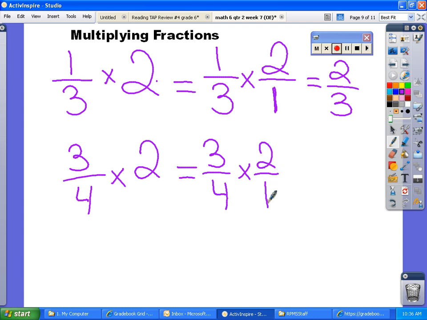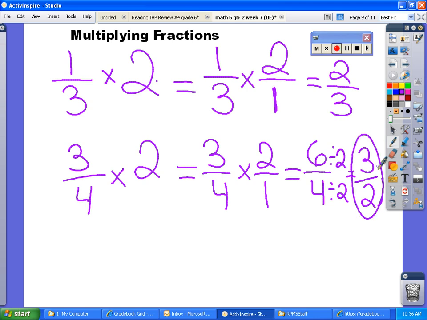Alright, I'm just going to go ahead and multiply. That's going to be 6/4. I can reduce that by dividing both the top and bottom by 2, which is going to be 3/2. And that's an improper fraction, so I'm going to change that improper fraction to a mixed number.